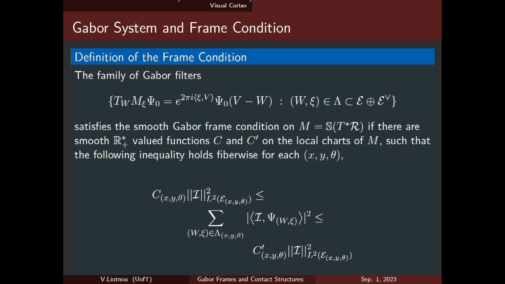And we say that they satisfy the frame condition if there are real positive valued functions C and C prime over the local charts of our manifold, such that they satisfy the fiber-wise frame condition.